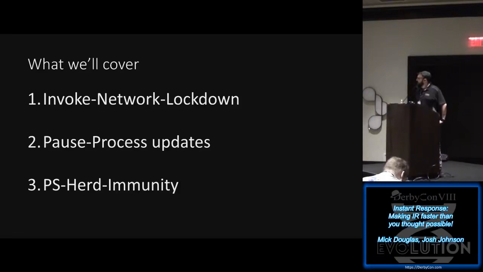All of them should help you make your network significantly more hostile to the bad guys without costing you a thin dime. This is all based off of components that every Windows machine has. We're using built-in APIs, and we're just using them in novel and interesting ways.